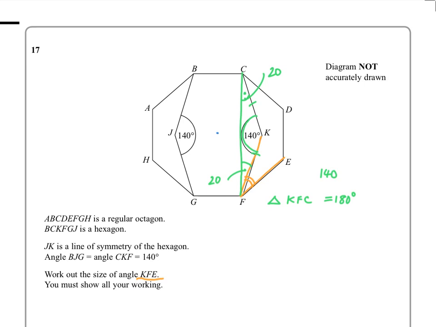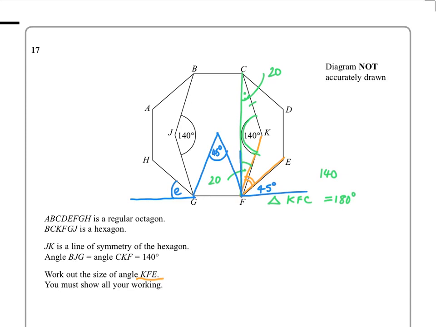Well, I know that if I had the centre of the octagon here, this angle would be 45 degrees, and I know that this exterior angle is always the same as the centre angle. So by that token I would know that this here on this straight line was also 45.